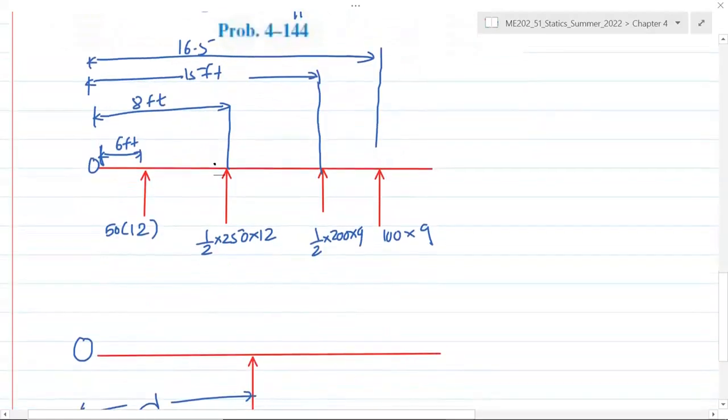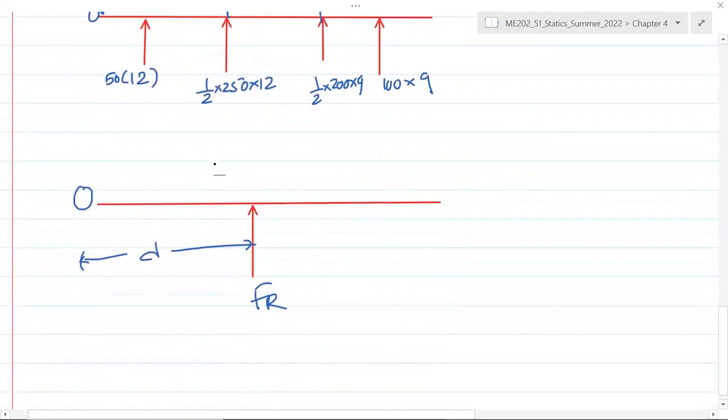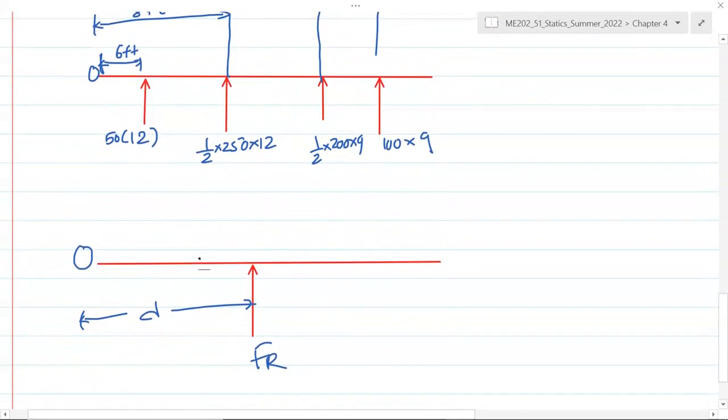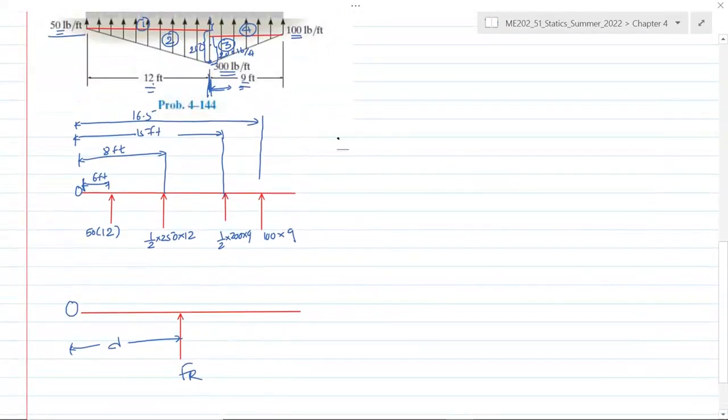Okay, so that's the equivalent force system. Now we can reduce these forces to a single resultant measured at distance d from O. So let's write down the equation for the equivalent resultant load. The sum of forces, Fr, is the sum of the resultant force. Acting up is positive.